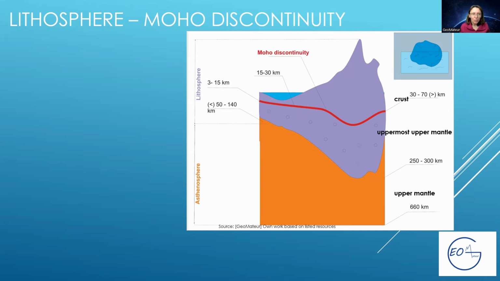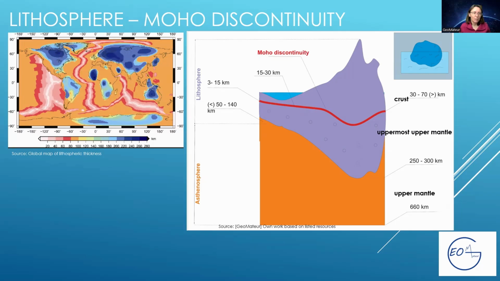So lithosphere thickness varies, depending on the type of lithosphere, oceanic or continental. Continental lithosphere is always thicker. The oceanic one is thinnest at the ridges because there is the youngest lithosphere.